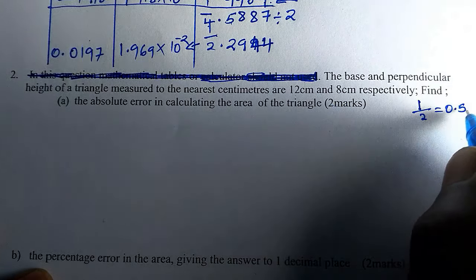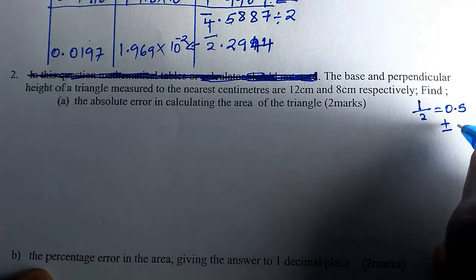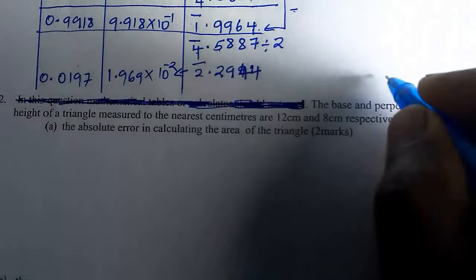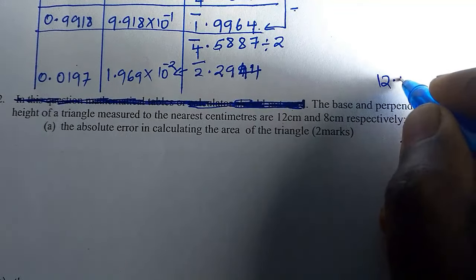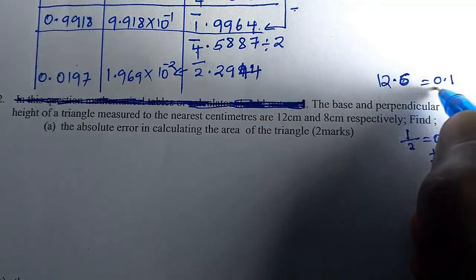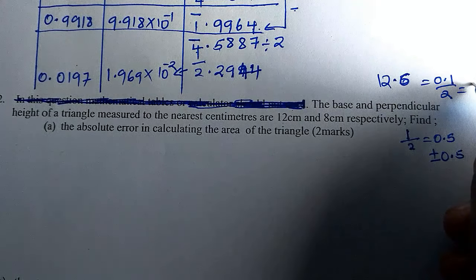So to get the maximum and the minimum, we add plus or minus 0.5. So if it was 12.5 or 12.6, the least count here is 0.1. Therefore, when you divide by 2, the maximum and the minimum is going to be plus or minus 0.05.